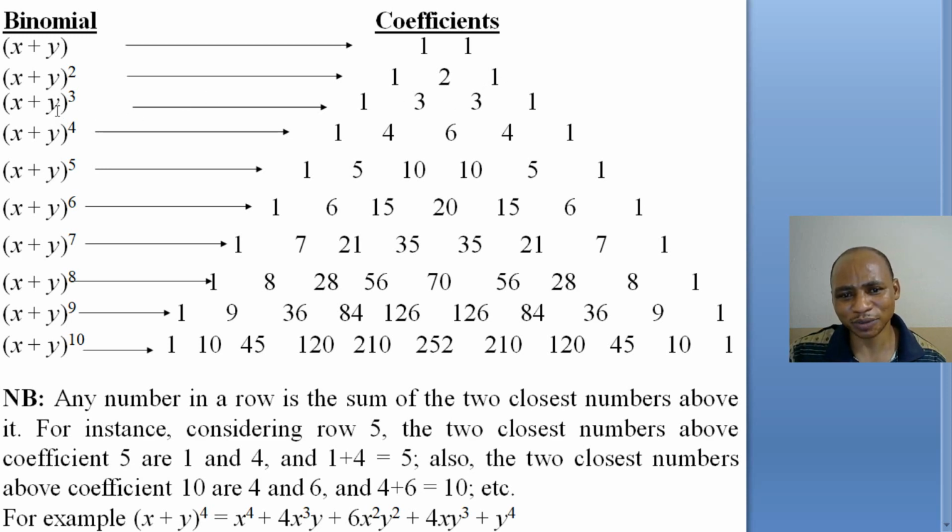If you are asked to simplify x plus y raised to the power 3, the coefficients will be 1, 3, 3, and 1. And this goes on to the higher powers.